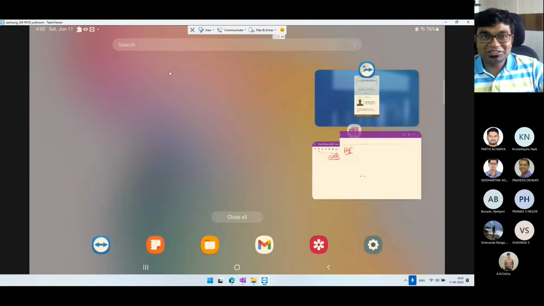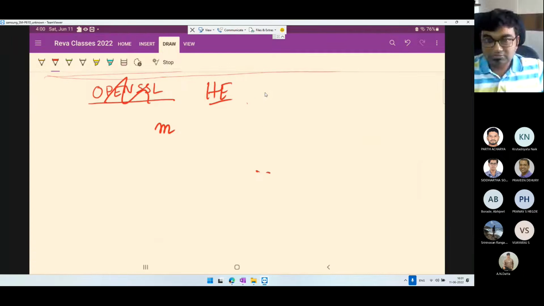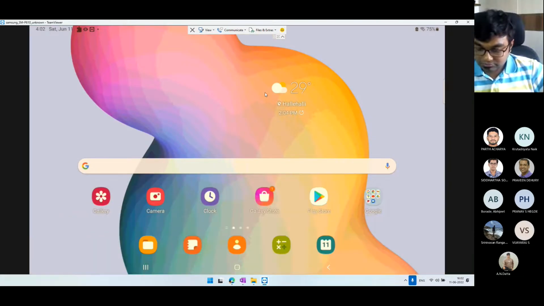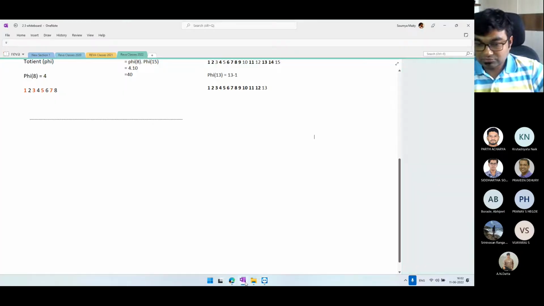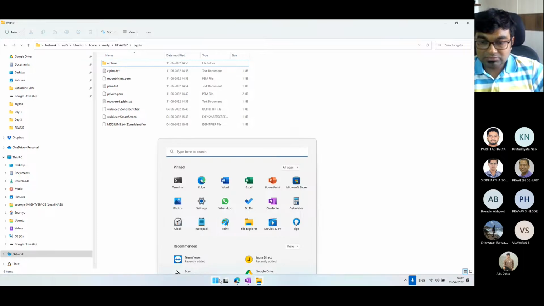Whoever has suggested TeamViewer, I guess this is worse than that. No, it's not working. Okay. TeamViewer.